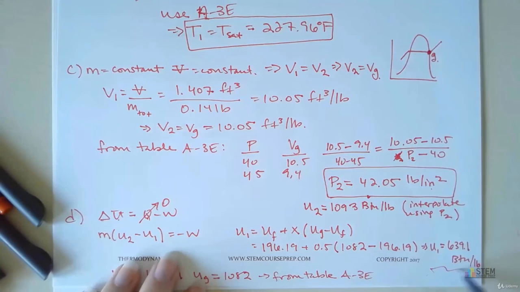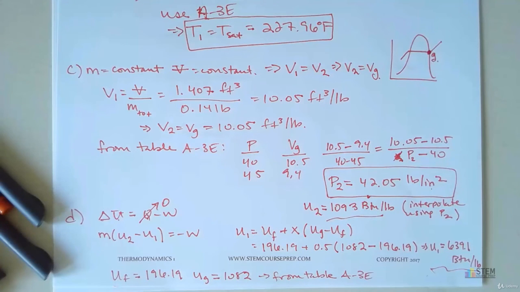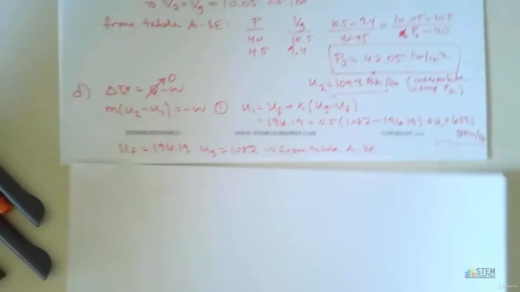Now we've got our two values for internal energy that we need. All we need to do now is plug into this equation here. Let's call this equation 1. Let's go ahead and plug those numbers into equation 1.